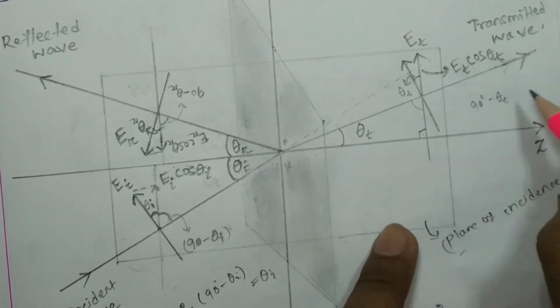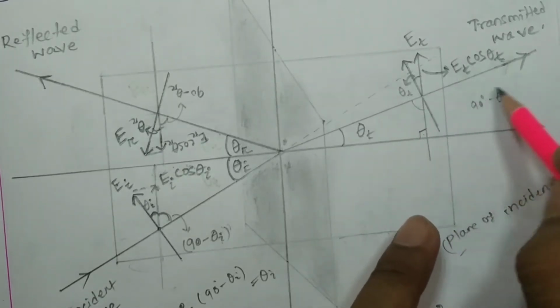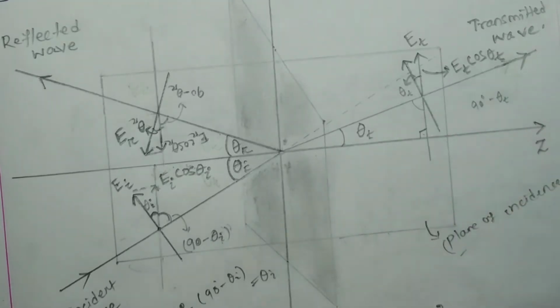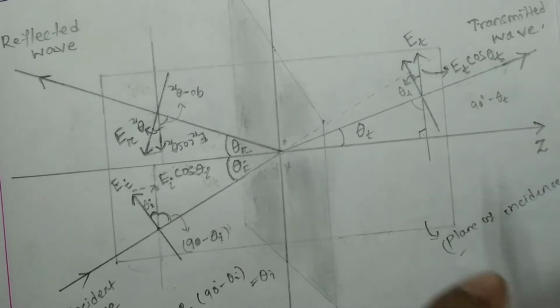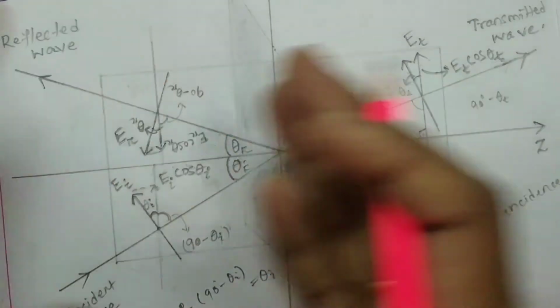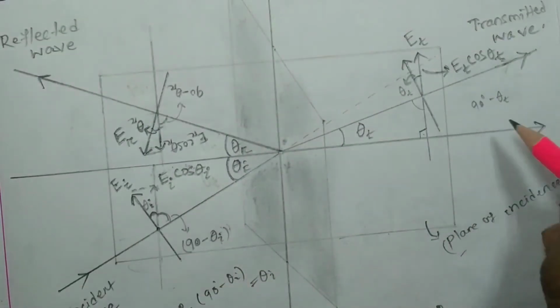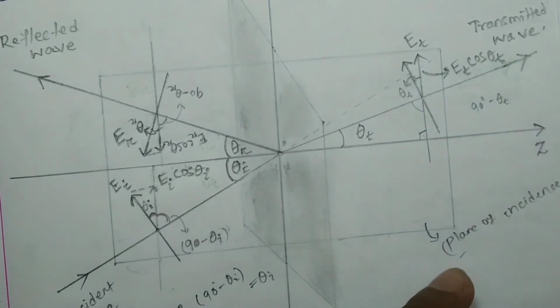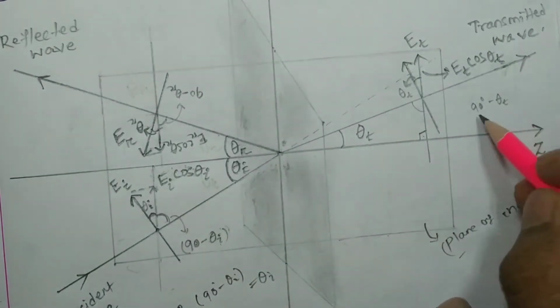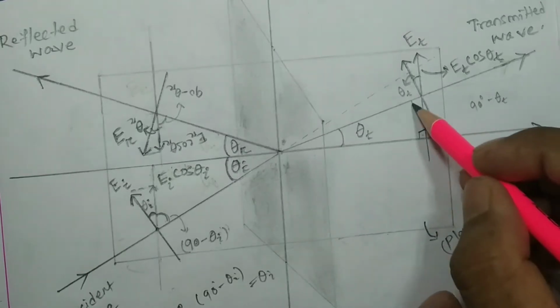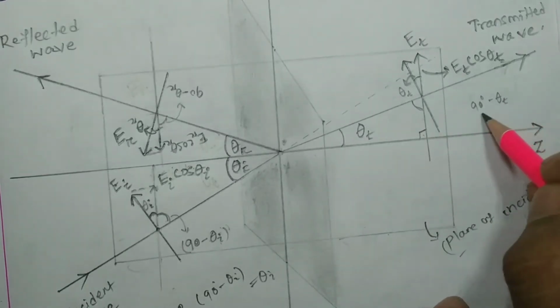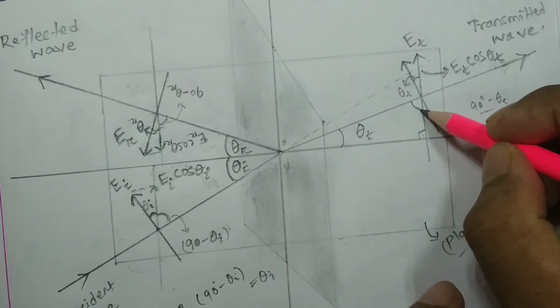I suggest that you don't write too many things in the figure. Just understand it and keep it in your mind, or write it somewhere in your notes, or on the side of the figure. So this will be your 90 minus theta t.